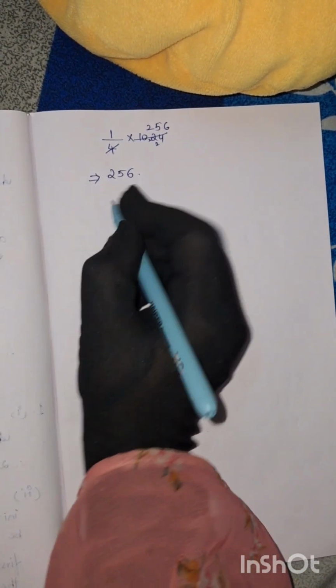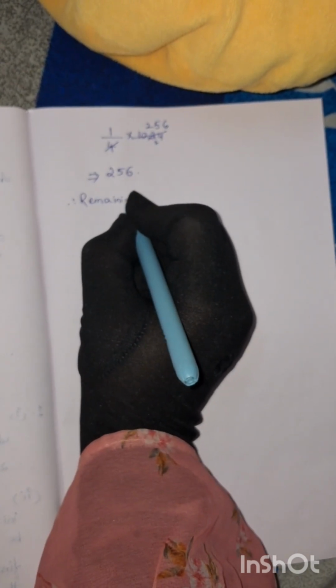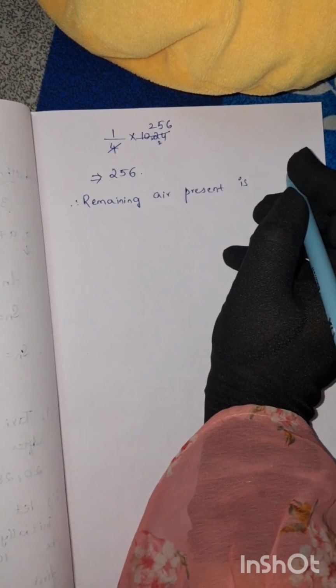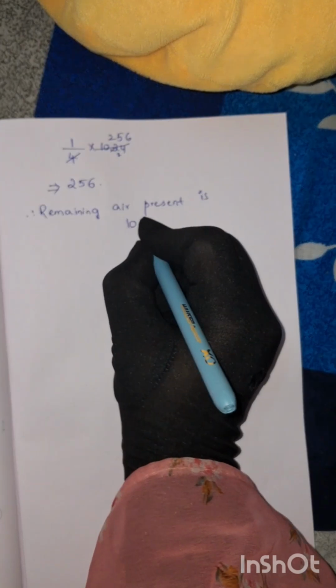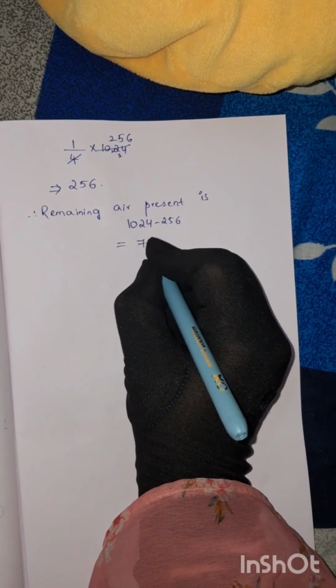So your answer is 256. What will be the remaining air present in the cylinder? The remaining air present in the cylinder is 1024 minus 256, which is 768.